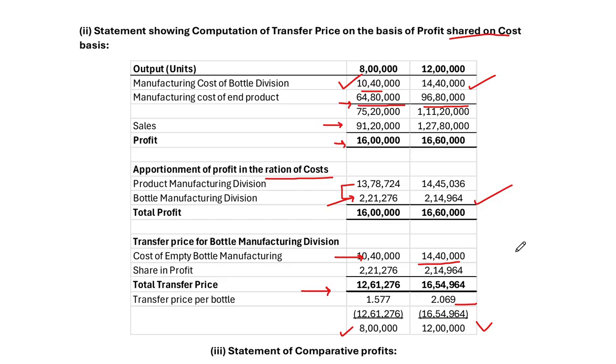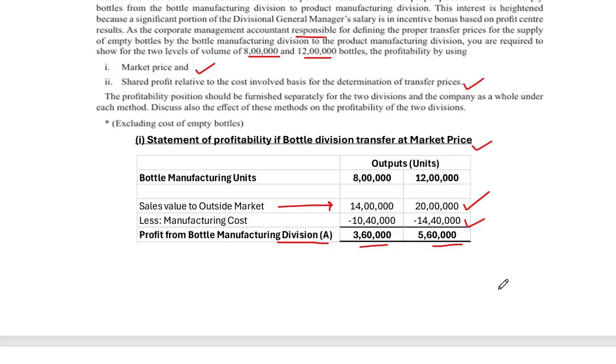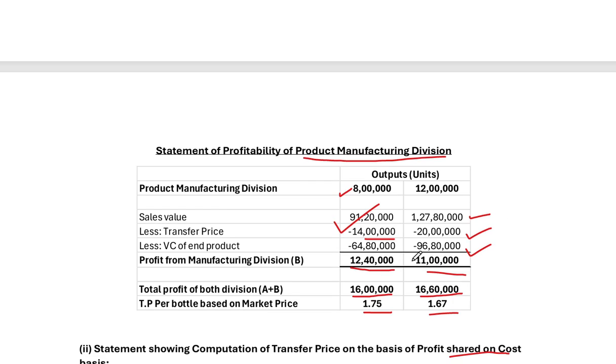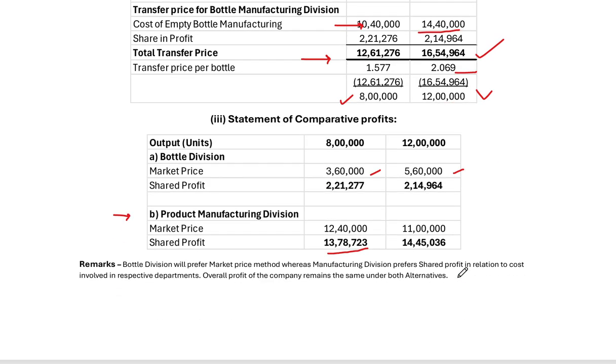If we see the overall method, in the first method, that means the market price method, we compare the profits between the two divisions. Bottle division profit is higher. Here it is 12,40,000. But in the second method, the profit shared on cost basis, the manufacturing division profit is higher than the bottle division.